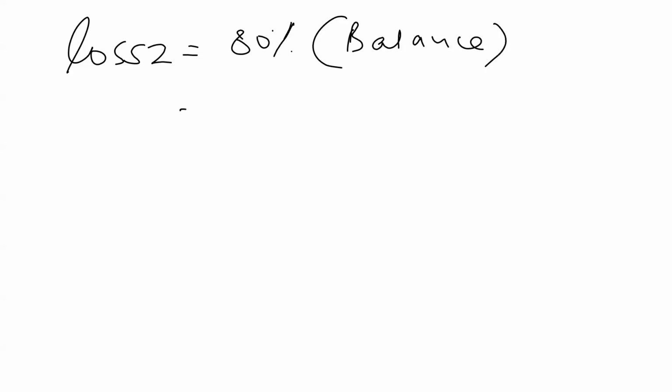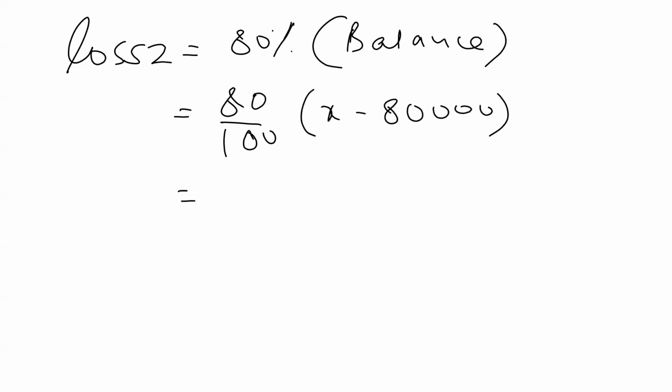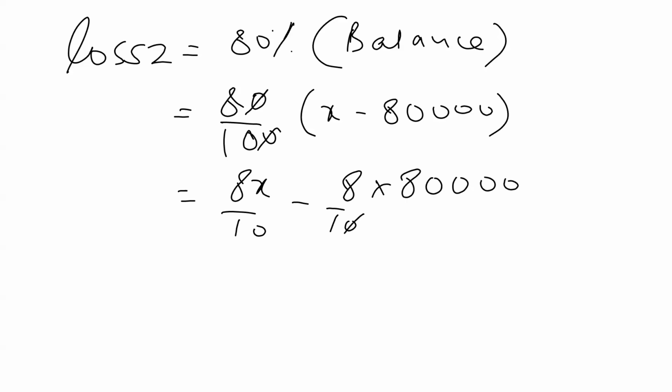So 80 upon 100 into X minus 80,000. If you multiply this, this will be 8x by 10 minus 8 by 10 into 80,000. So this is cancelled. So 8x by 10 minus 64,000. This is nothing but loss 2.